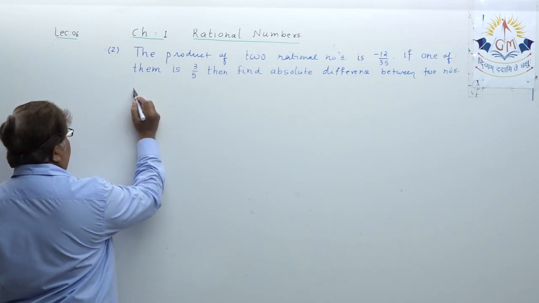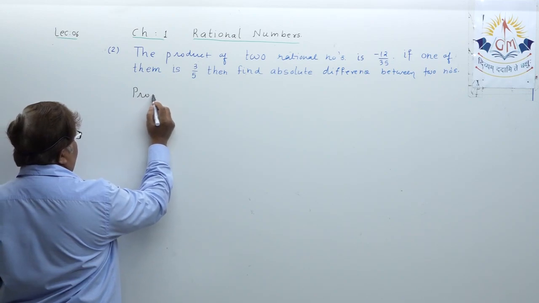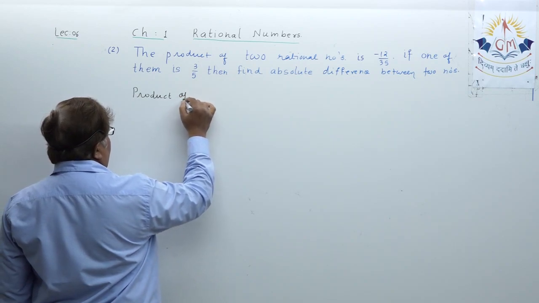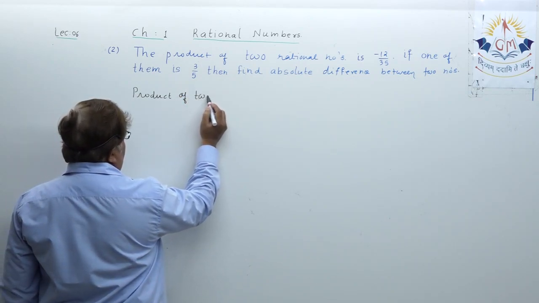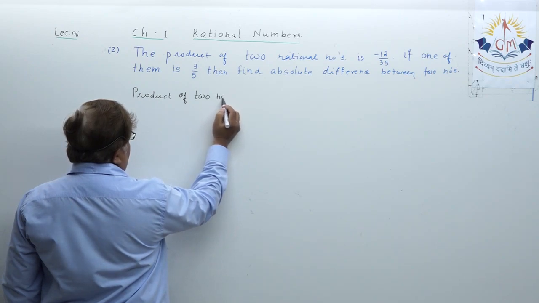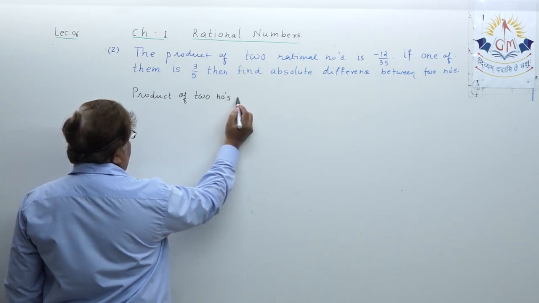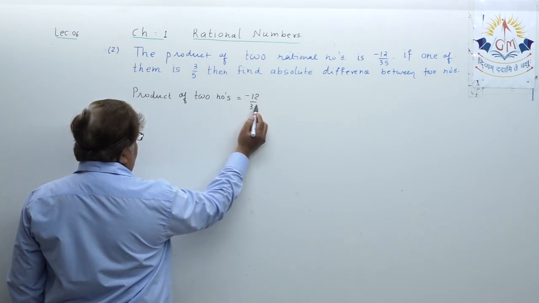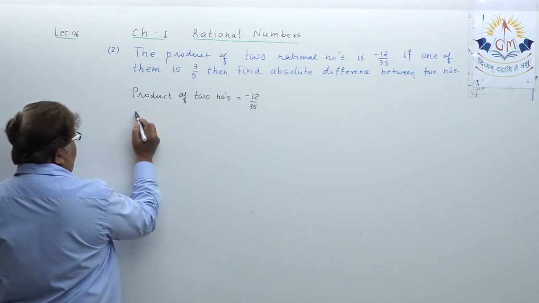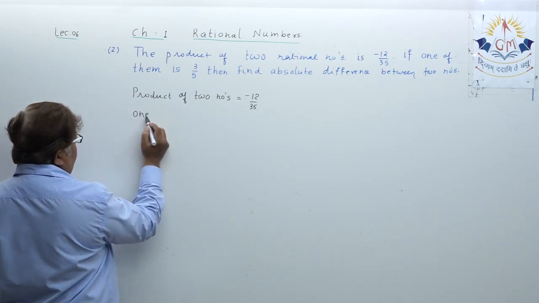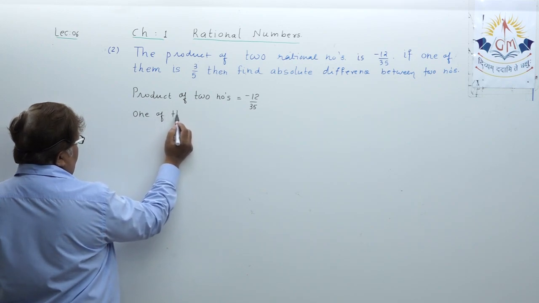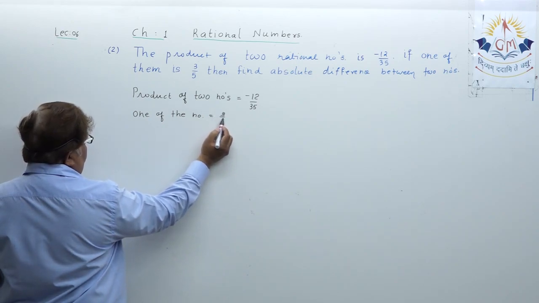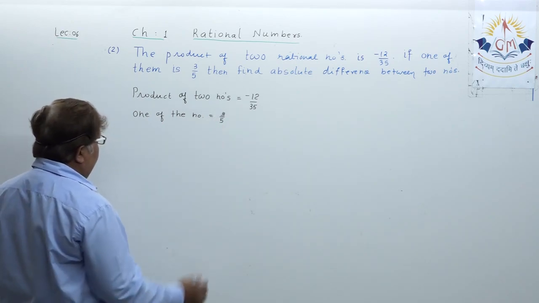First you write: product of two numbers, rational, I am not writing just now, minus 12 upon 35, understand? One of the numbers equal to 3 upon 5, okay?